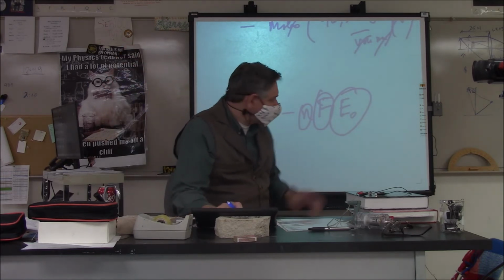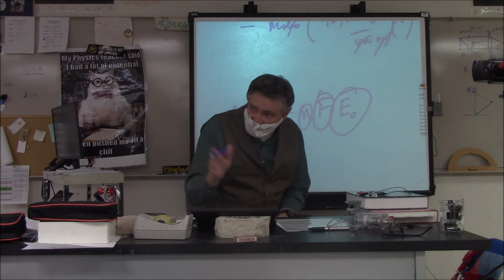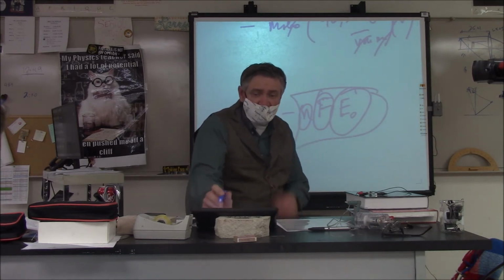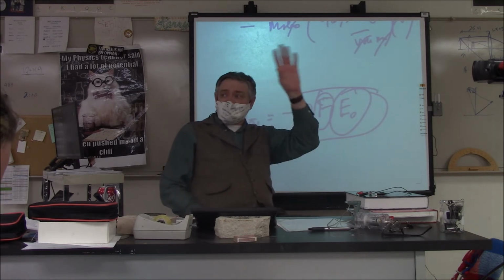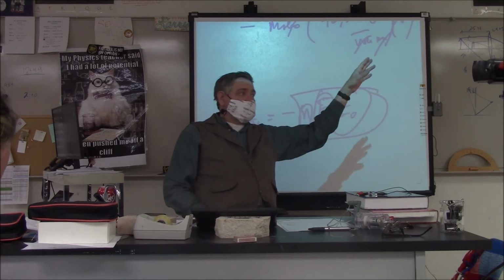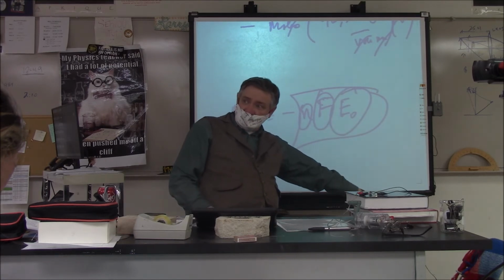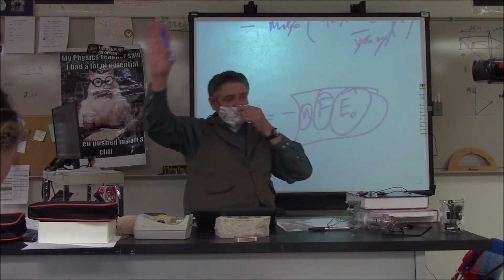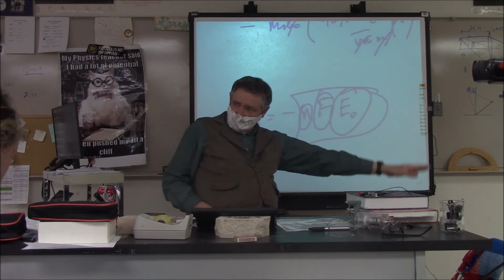So this is the significance of this negative sign right there. That negative sign is going to say, wow, if all of these are positive numbers, that makes it negative. I get a negative delta G naught. Oh, here we go. We're off to the races. So a positive E naught value would generate a negative delta G.